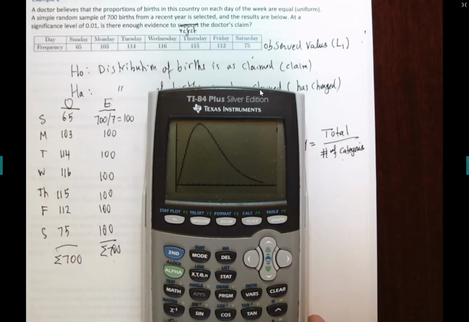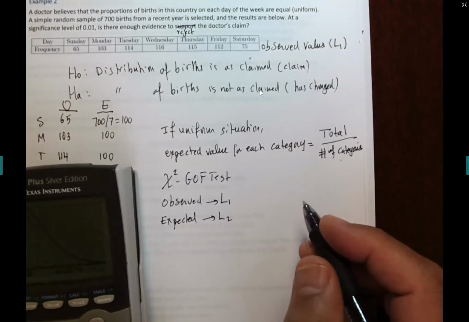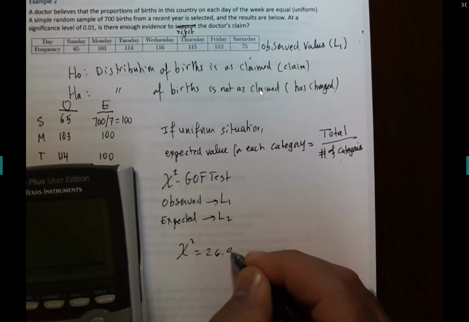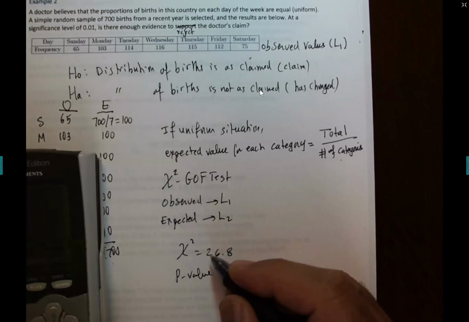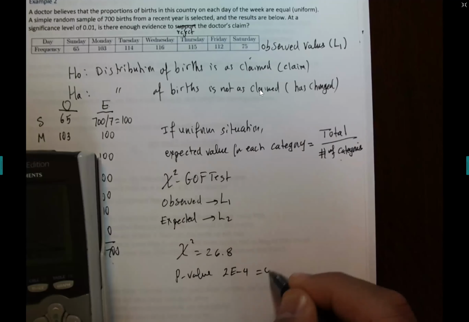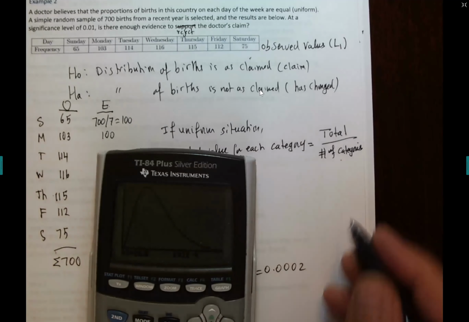You see how skewed it is to the right, as I told you? Okay, you get chi-square is 26.8. And the p-value, guys, it says 2e minus 4, which is 0.0002. So it is a small p-value.